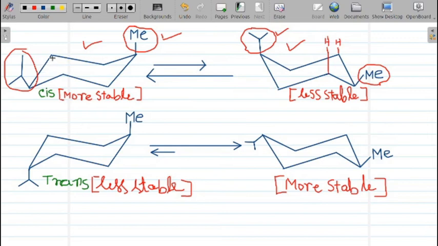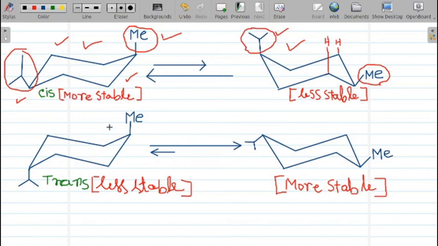But in this case you can see that the 1,3-diaxial interaction is less, where the methyl group is present at the axial position and the bulkier group, the 2 degree or 1 degree or 3 degree carbon, is present at the equatorial position. So this conformation is more stable.